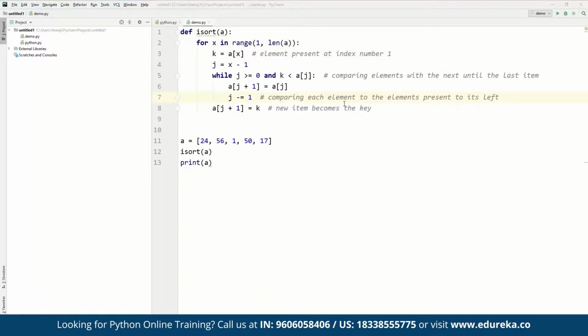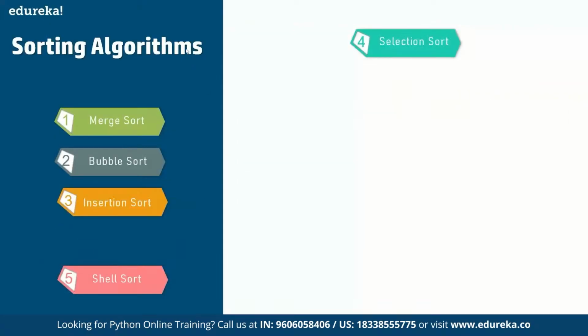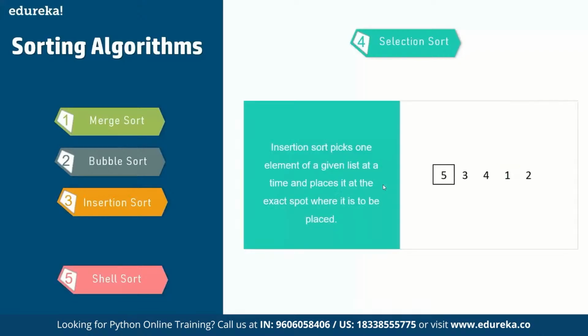Alright, so let's see how exactly the selection sort algorithm works, so we can come back to our discussion. In selection sort, we divide the given list into two halves. The first half will be the sorted list and the second half is going to be the unsorted list.